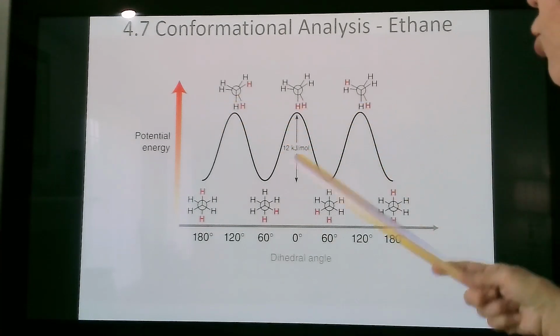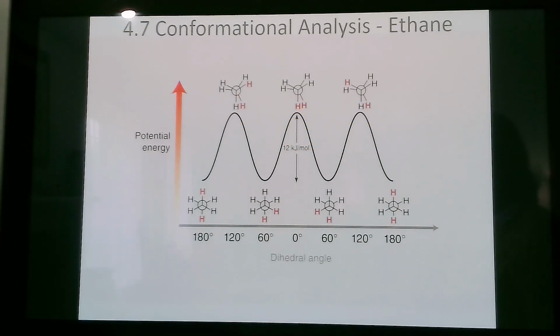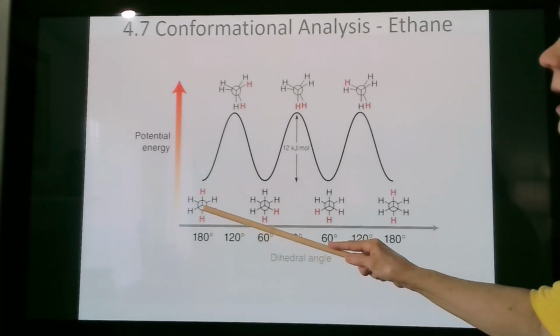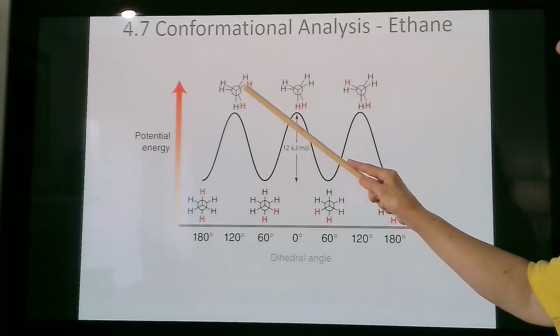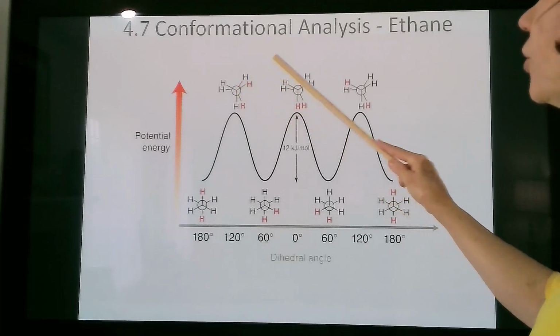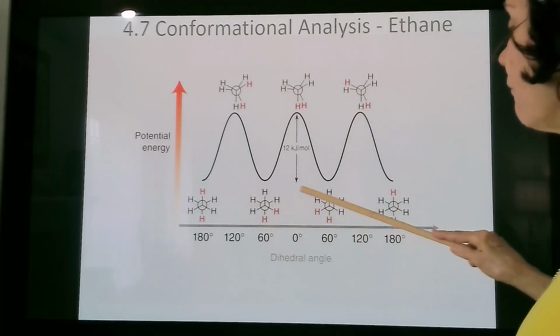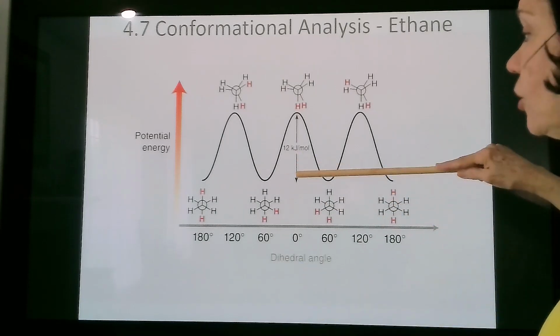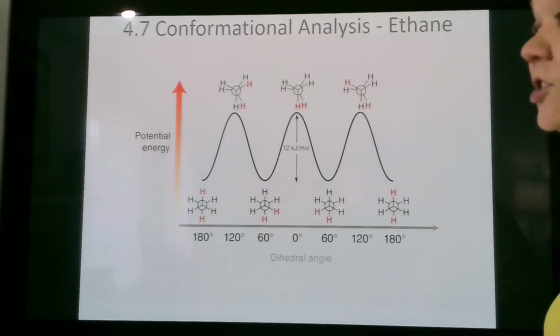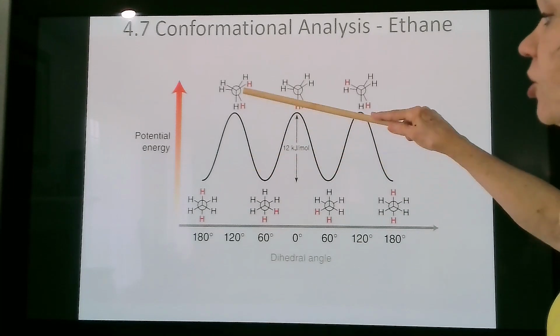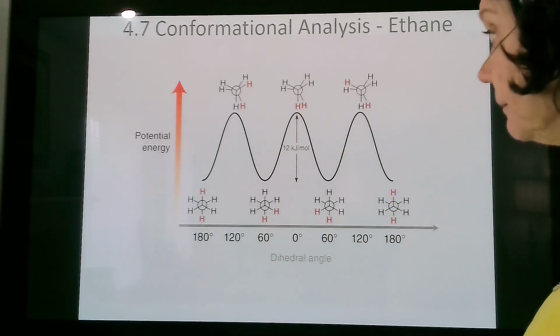There's a lot of symmetry in ethane, and so it makes sense that the eclipsed conformations have the same energy and the staggered conformations have the same energy. So this 12 kilojoule per mole is a relative energy. It's the difference in energy.